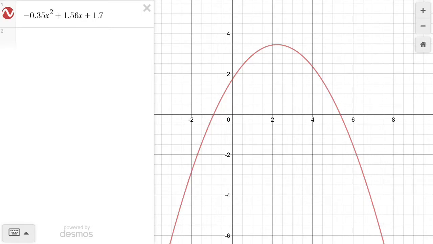So what we can see from this is it's actually quite accurate to the calculations. We see that it starts at the initial position of 1.7, which is where the ball was released from my hand. We can see the range, which is 5.1708, and the maximum height, which was somewhere near 3.4, and that's quite accurate to what I had calculated.